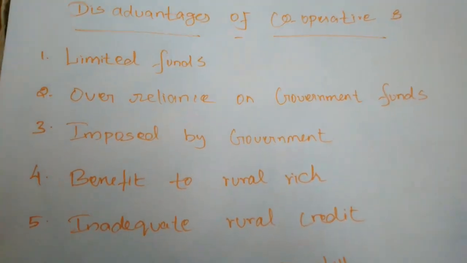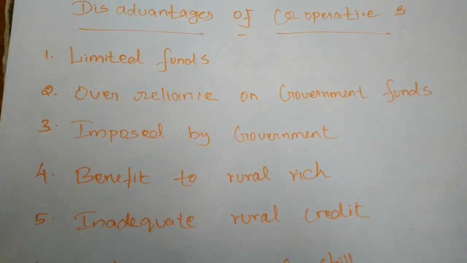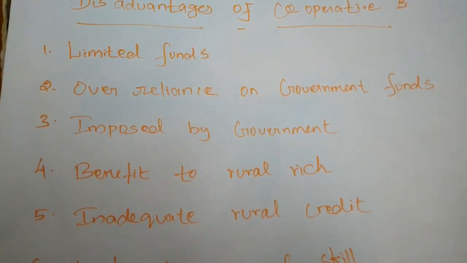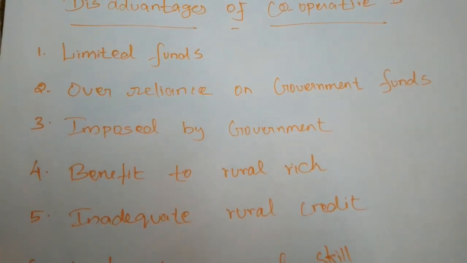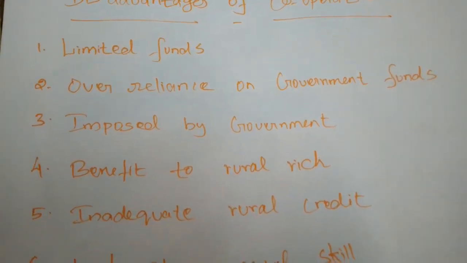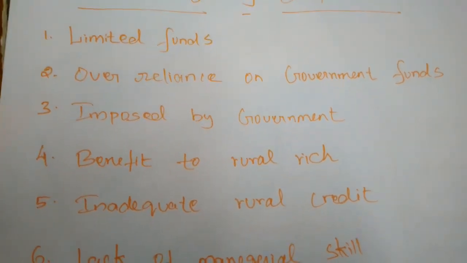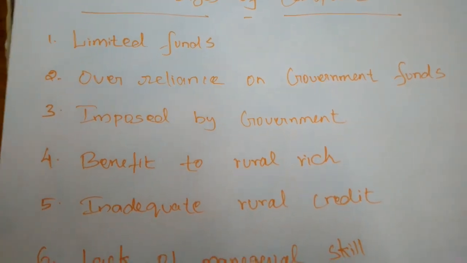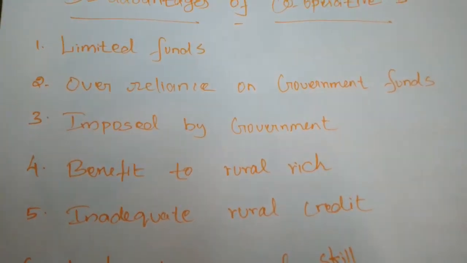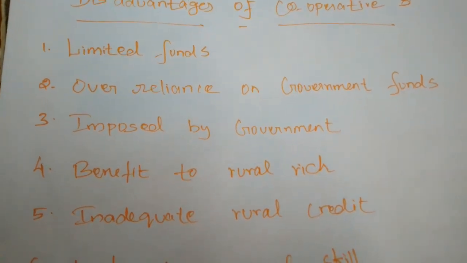First one is limited funds. The cooperative societies have limited membership and they are promoted by the weaker sections. Normally those who want to establish cooperative organizations are poor people, the weaker sections of society, or farmers.